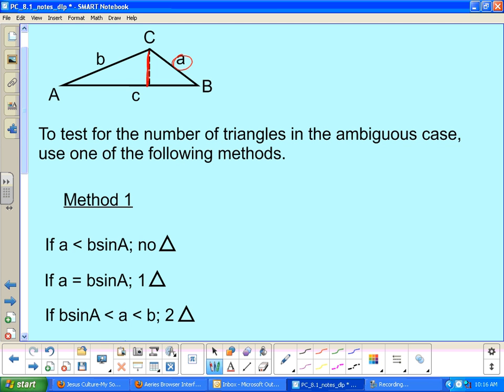So if you can identify those parts, we're hanging out at this angle, by the way, and we're using these two sides, then you just plug them into these little rules and figure out how many triangles you're going to get.